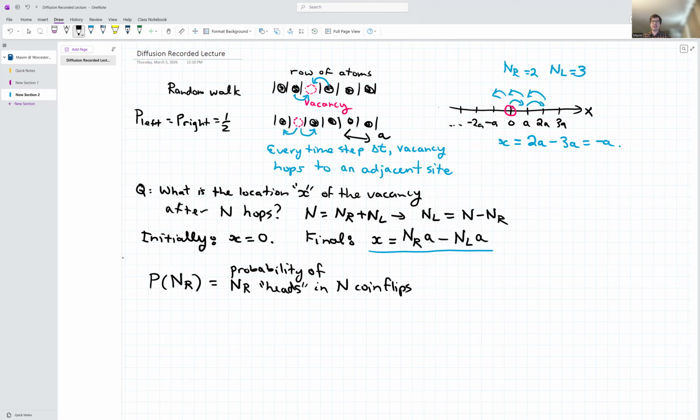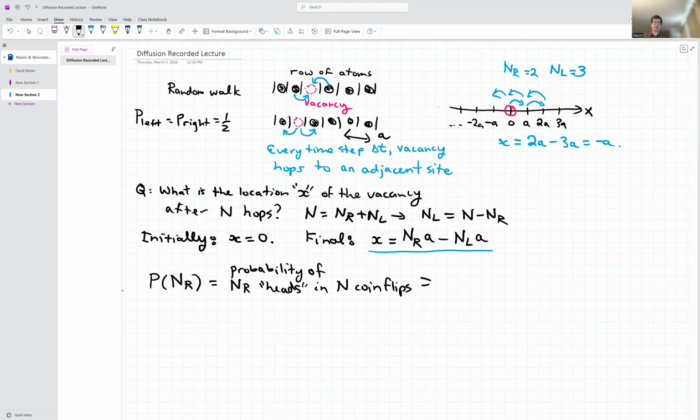But the basic idea is that for any sequence of coin flips, like heads, tails, or right, left, right, we need to just count up the total number of sequences like that where we get n sub r heads.